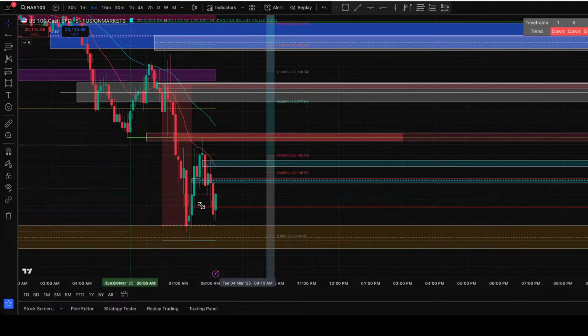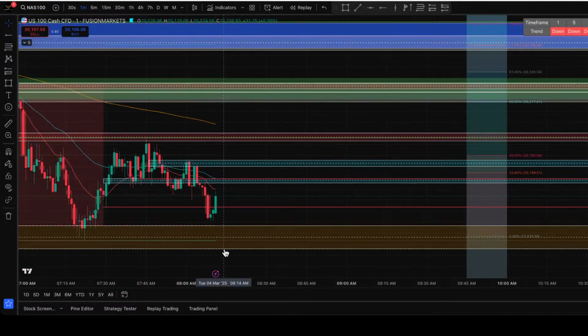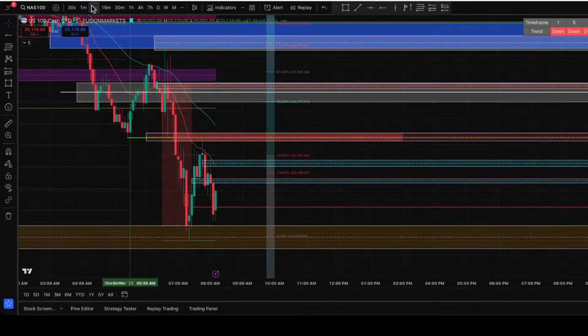So I just filled it back in. Coming back up to touch that 20 again. Very reluctant to drop.